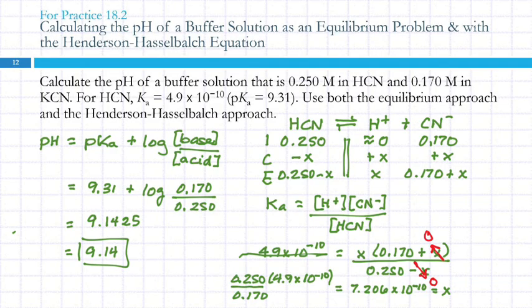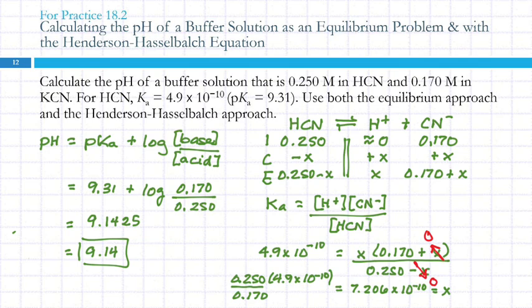Anytime you do x is small, you have to check. To check the x is small, we're going to take this number and divide it by one of these. We're going to use the smallest one and then multiply by 100. Is that going to be anywhere close to 5%?